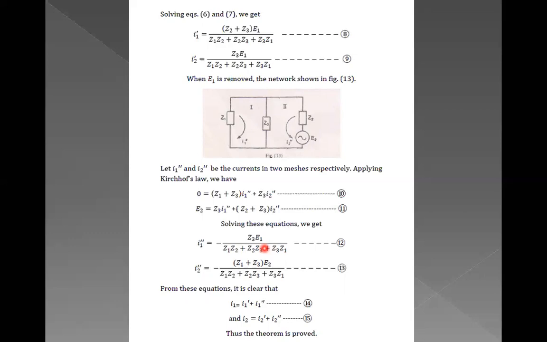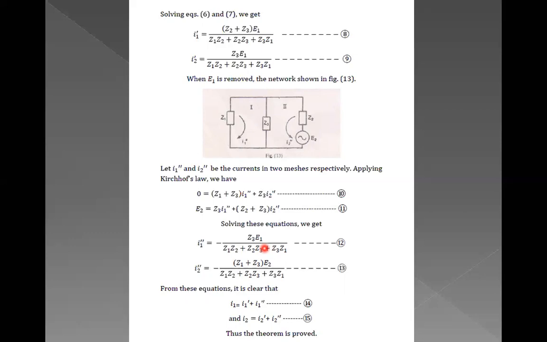This is called the superposition theorem. So if you prove I1 as I1 dash plus I1 double dash, or I2 as I2 dash plus I2 double dash, then we can say that the superposition theorem is true.